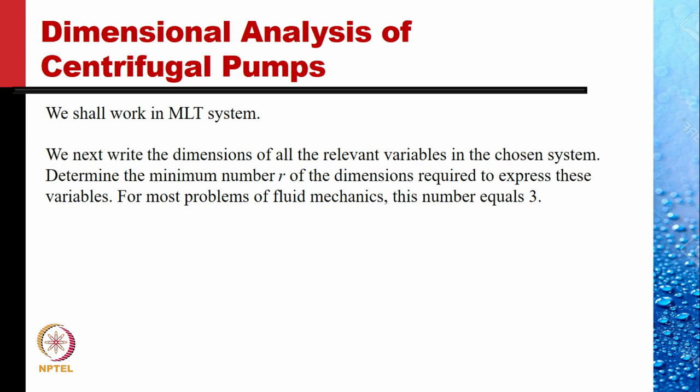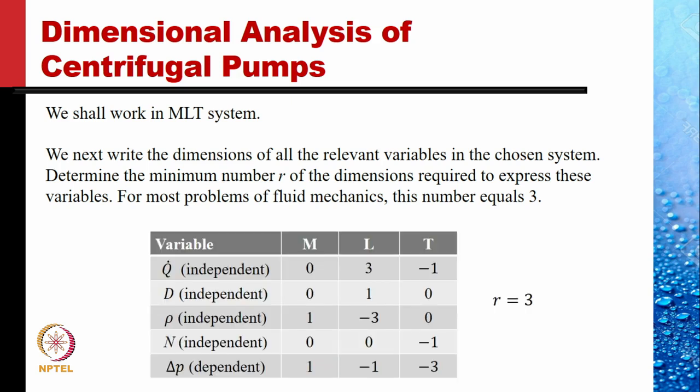MLT is the system that we use, so 3 variables are used. So the 4 independent parameters and the dependent parameter delta P, the dimensions we have written here in the M, L and T system. Their value of r or k is 3 here.